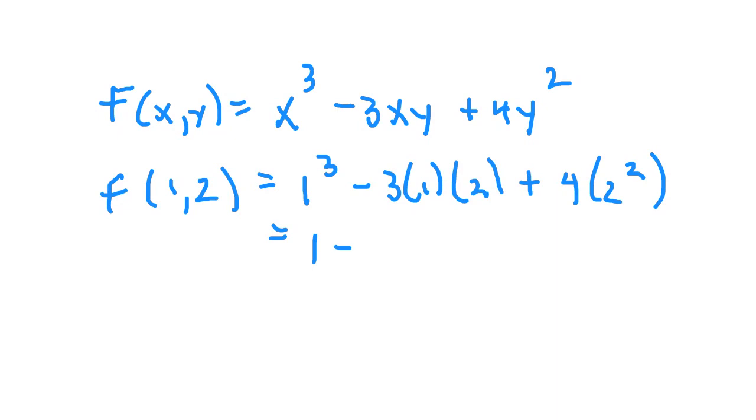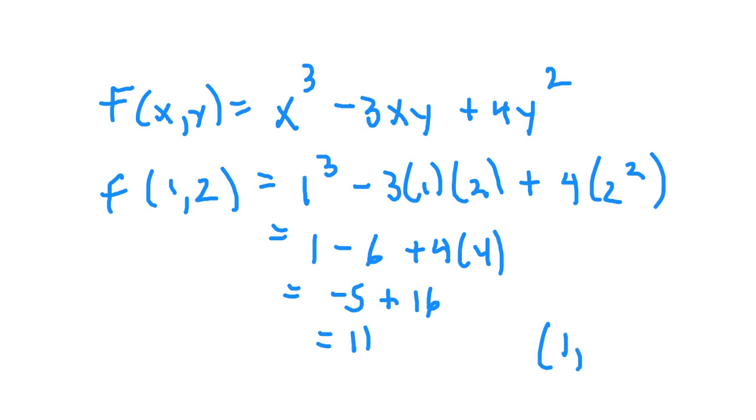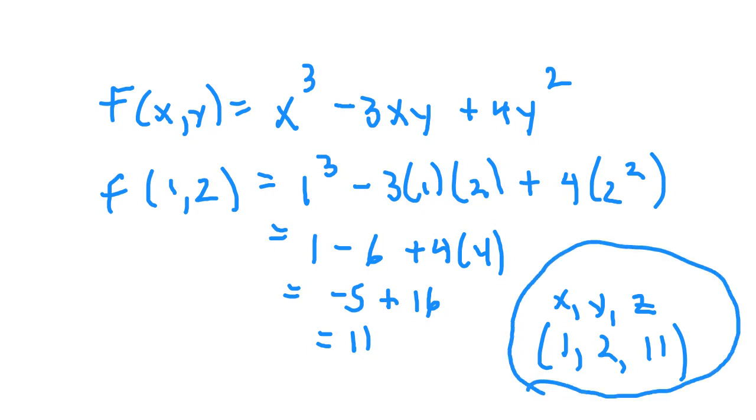So this is 1 minus 6 plus 4 times 4, which is -5 plus 16, and that's 11. All right, so we are on the surface at this coordinate, 1, 2, 11.